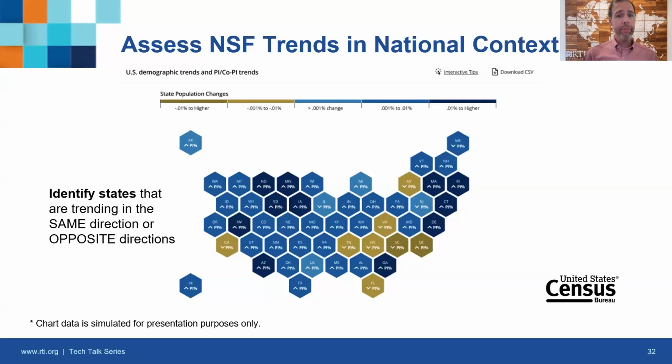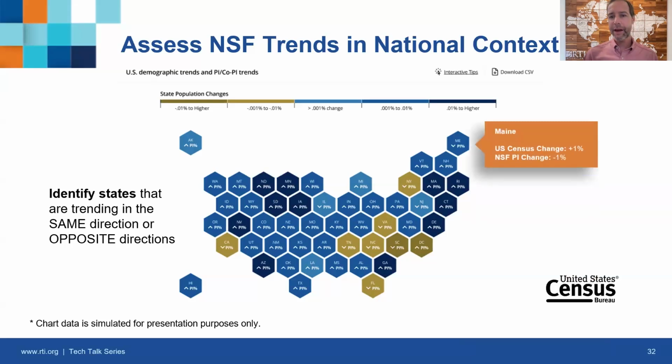I talked about this a little bit earlier, but this is an example where we're looking at the distribution of different demographic trends, so changes in population for each state across the US. We're looking at the background color for each state indicates the change in the percentage of the population in a given state. And then overlaid, we're looking at the change in the percentage of proposals submitted by PIs that share that same characteristic from the state. Let me give you an example.